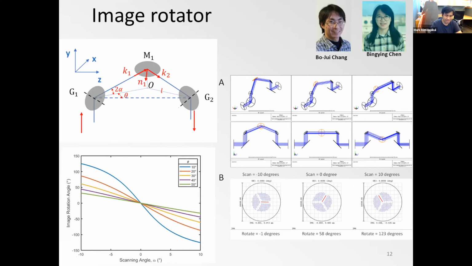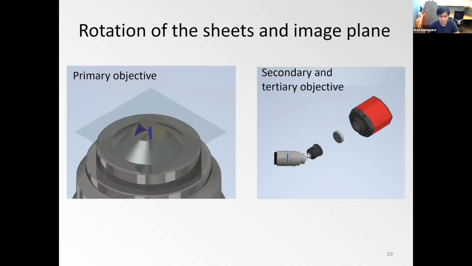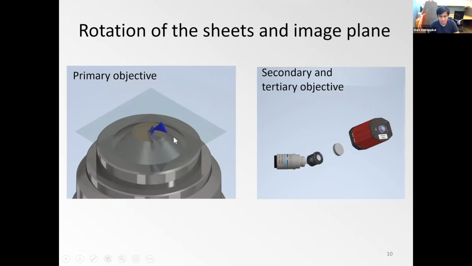So let's assume we have an image rotator, and as a small detail, it works both ways. It has the symmetry that you could come in from here with excitation light, and it rotates the distribution of the excitation light. And you can also come the other way with fluorescence light, and it rotates the fluorescence light the same way, both of which are necessary, as we will see in a bit, because we want to rotate the excitation, and we essentially want to derotate the fluorescence.